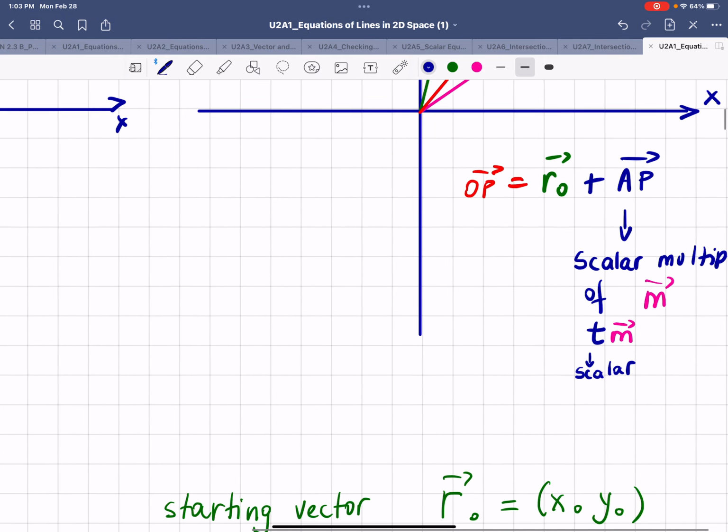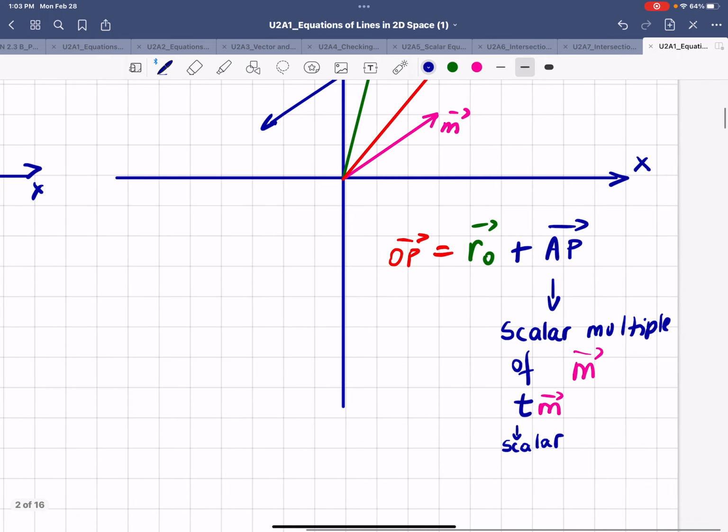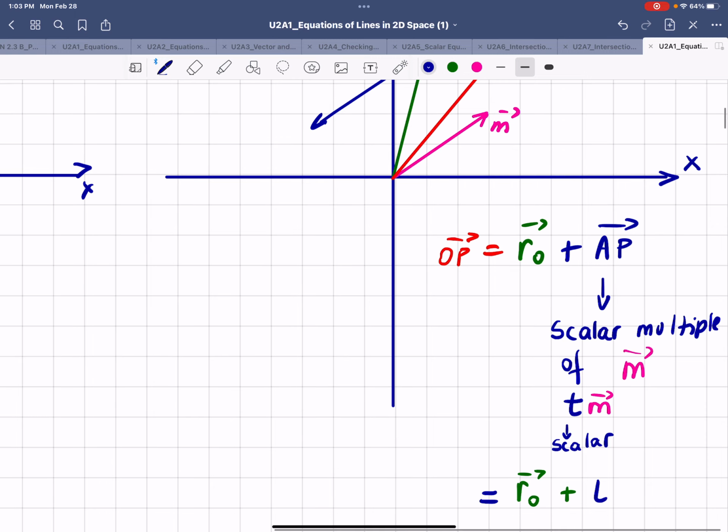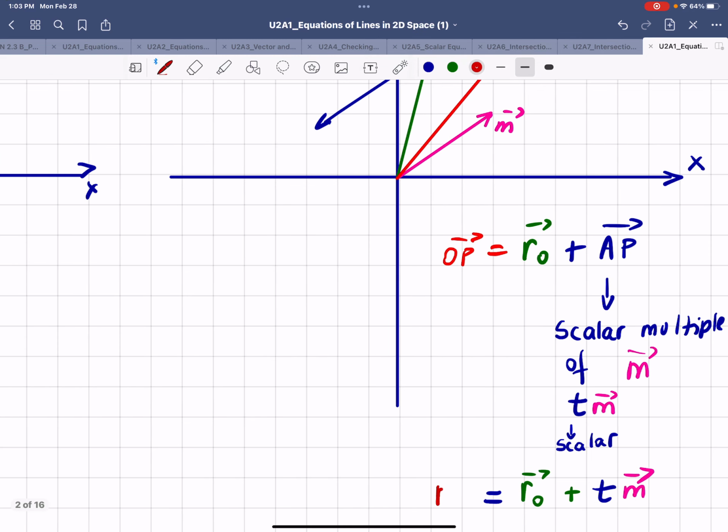So let's now take another look at our equation. We can say that vector OP equals vector R0 plus T times the direction vector M. Here goes vector OP, and we denote vector OP by the letter R, lowercase r.